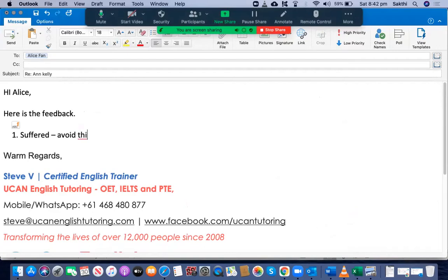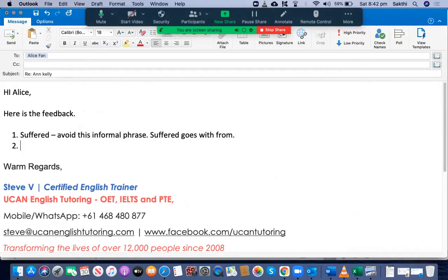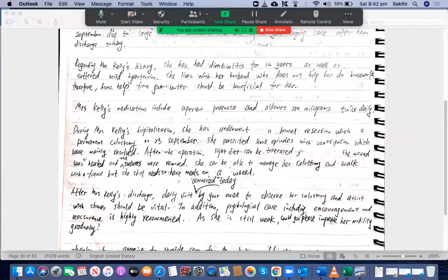That's the second thing. So avoid this informal phrase, and "suffer" goes with "from" before the condition, which means "she was suffered from" and so on. So this is wrong.